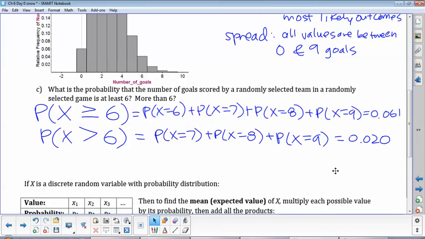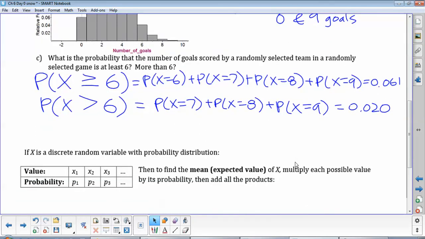Let's talk now about mean and standard deviation. If x is a discrete random variable with some probability distribution, here we have x1, x2, x3, these are different values of your variable, and the probabilities are the ones that go with those. For instance, P1 is the probability of getting the value x1, P2 is the probability for x2.